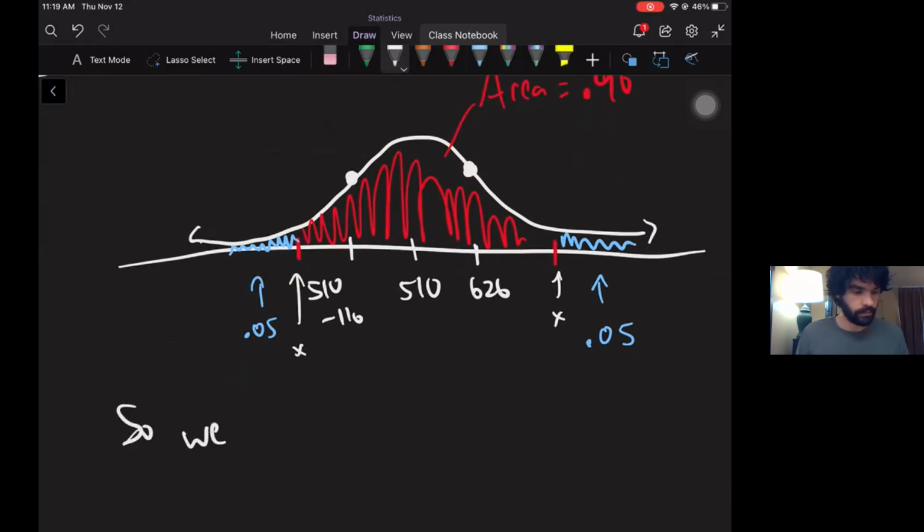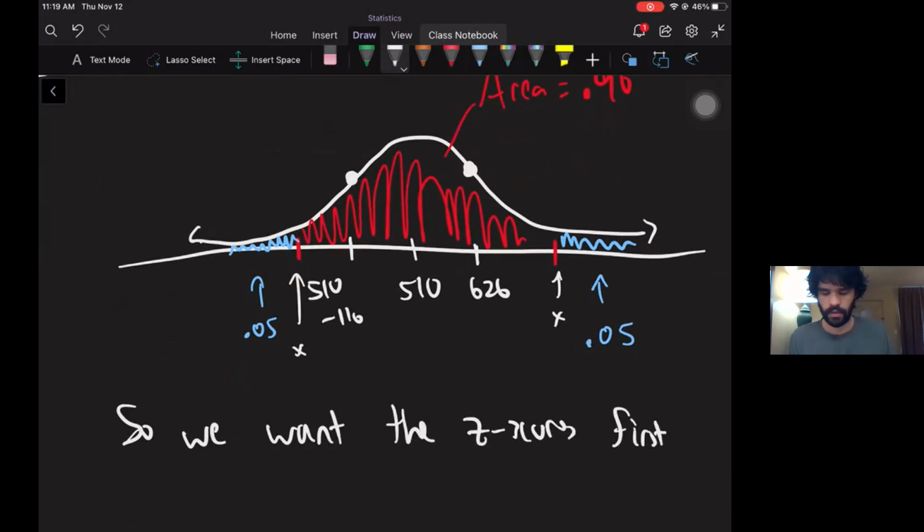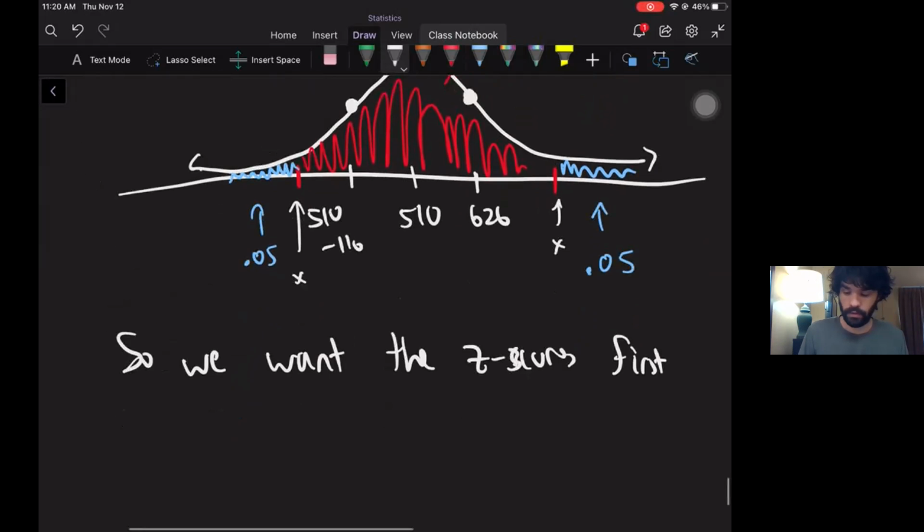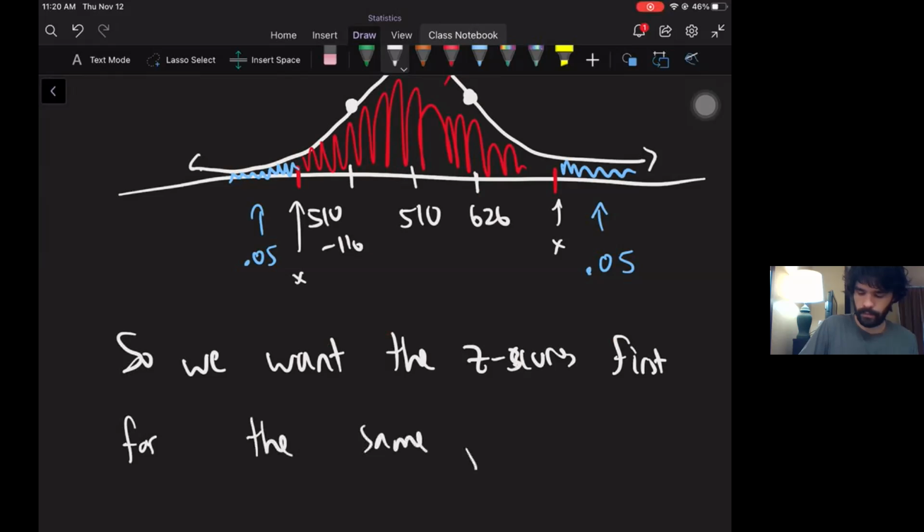Okay, so before we can get to that, we want the z-scores for the same picture. And then we'll turn those z-scores, just like we did before, into the actual relevant context. So we want the z-scores first for the same picture.